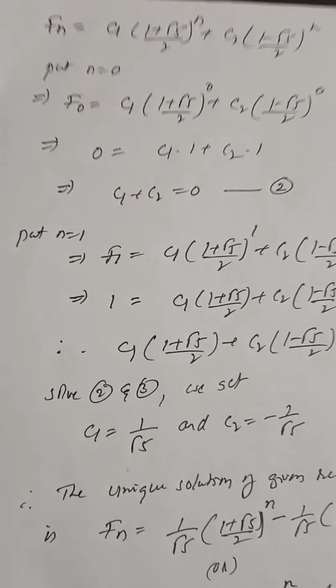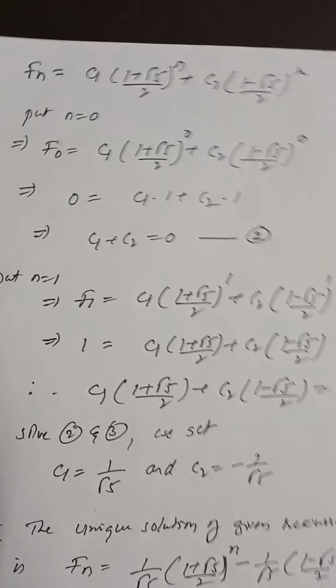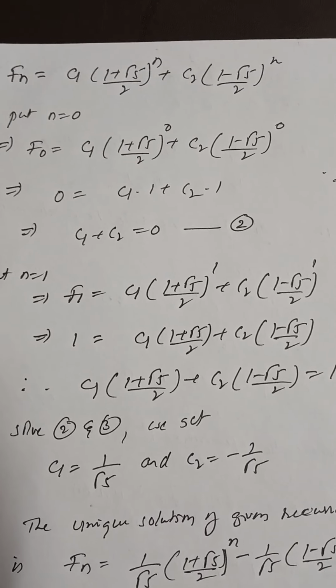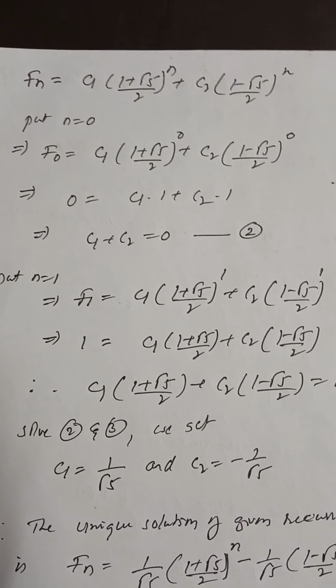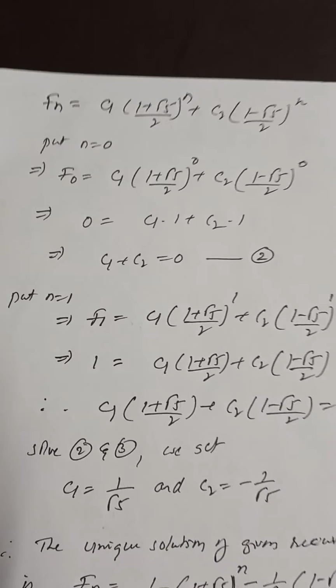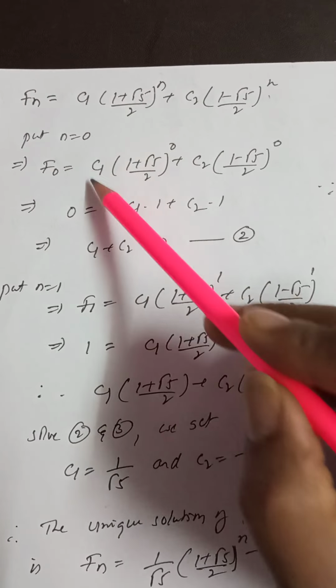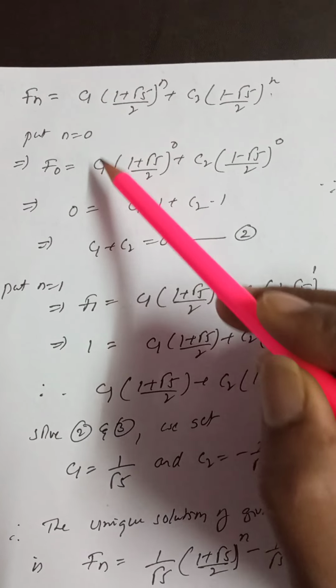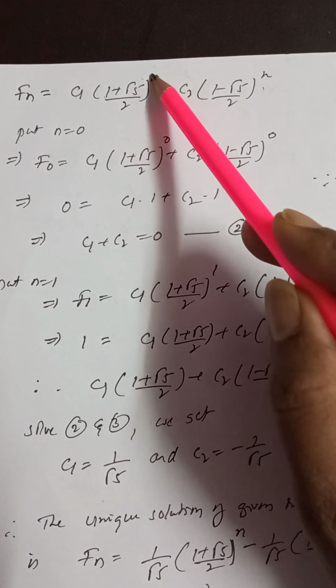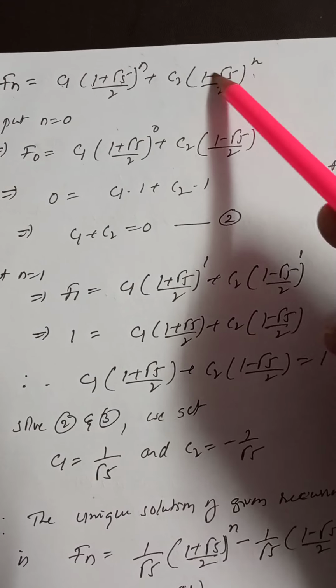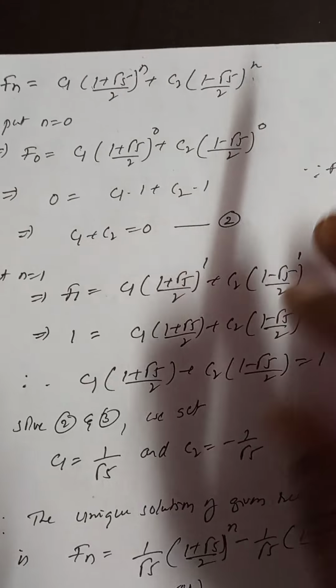Now we have to find those constants. Here initial conditions are given to you: F0 is equal to 0 and F1 is equal to 1. Now I put n is equal to 0 in this one. F0 is equal to c1 into 1 plus root 5 by 2 whole power 0, plus c2 into 1 minus root 5 by 2 whole power 0.